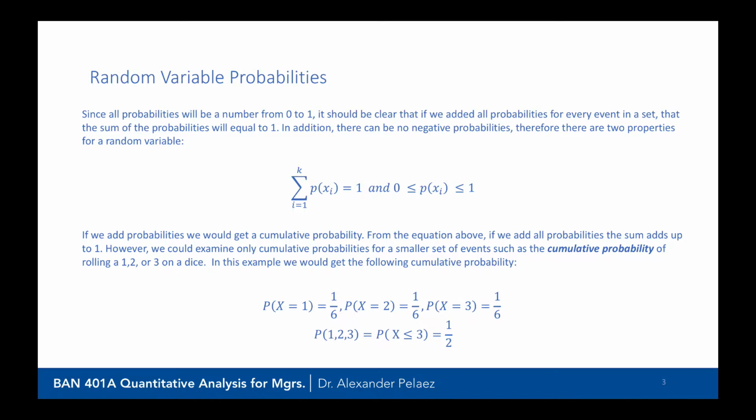Probability of x equal to 1 is 1/6, of x equal to 2 is 1/6, of x equal to 3 is 1/6, which means that if we're looking for a cumulative probability, we're looking for the probability of 1, 2, or 3, which is equal to the probability of x less than or equal to 3, which would sum up all of the individual probabilities, giving us the cumulative probability of 1/2.